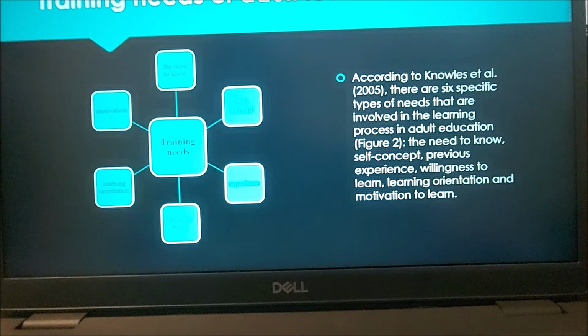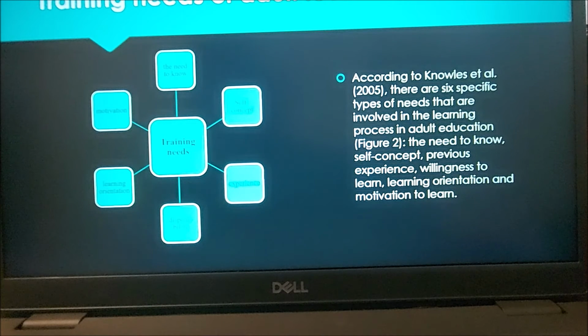The richest resource for learning in adult education is one's own experience, which will be harnessed through various experiential techniques, such as participation in discussion, conducting simulation, implementing problem-solving activities.